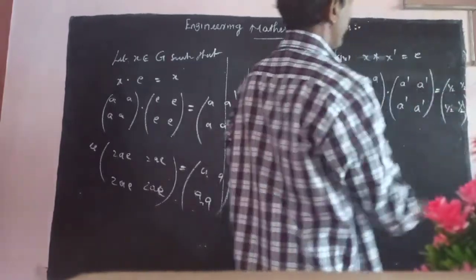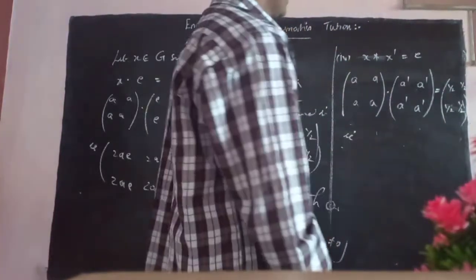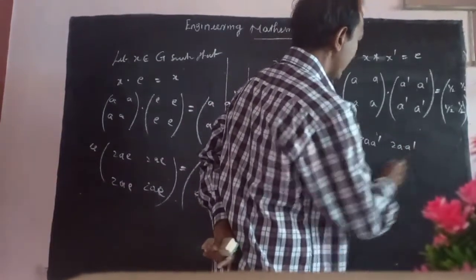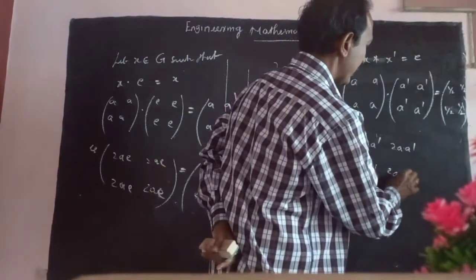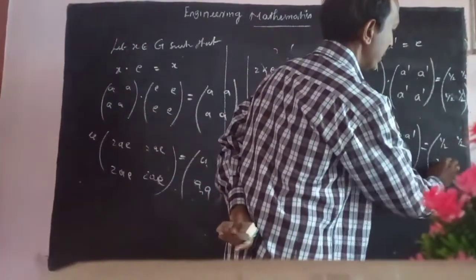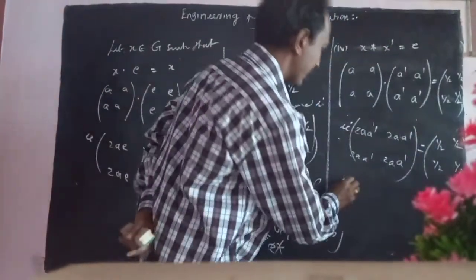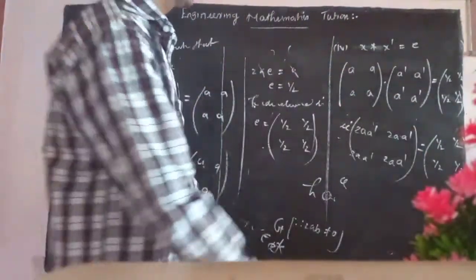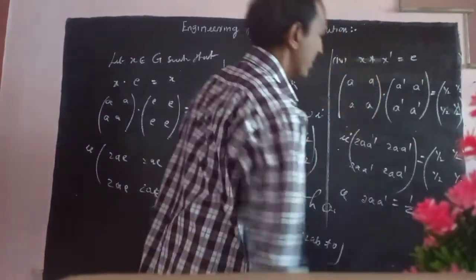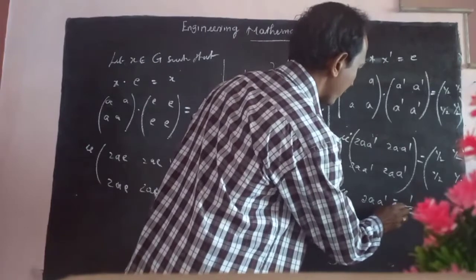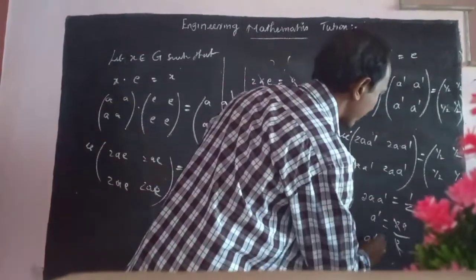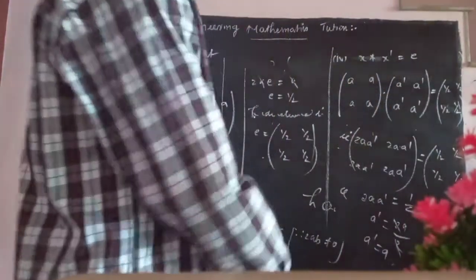Comparing each row and column entry, 2AA1 equal to 1 by 2. So A1 is equal to 2A by 2, that is cancelled.